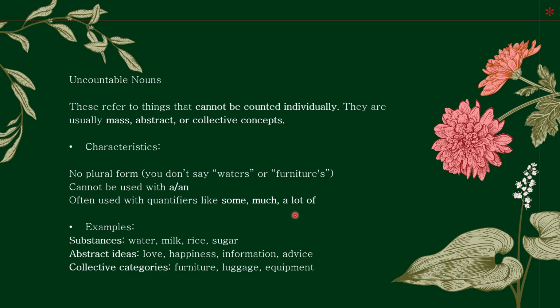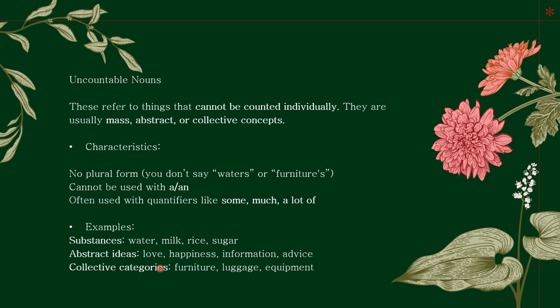So, when you have to speak about them, you use some or much, like water. You can't say 1 water, 2 water. So you generally say, can I have some water?